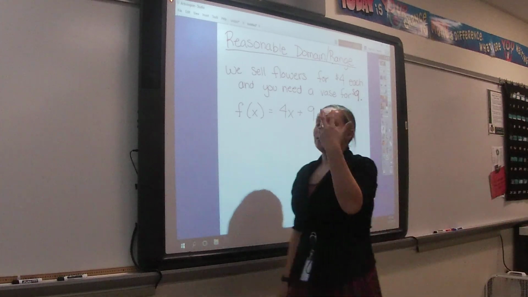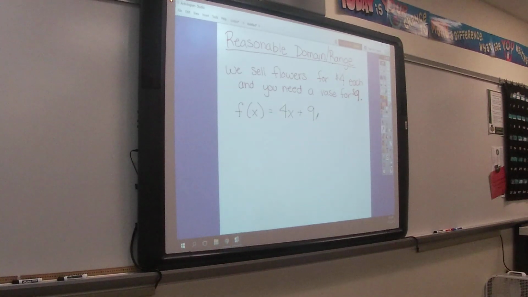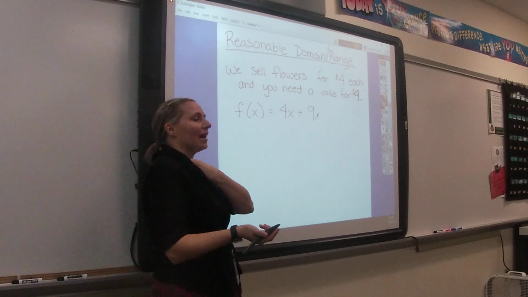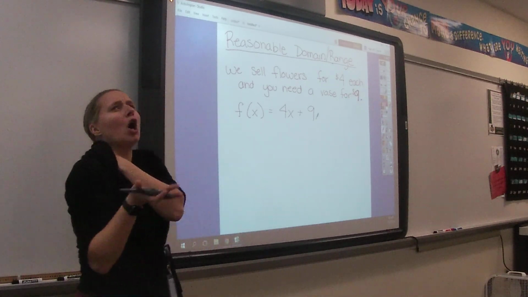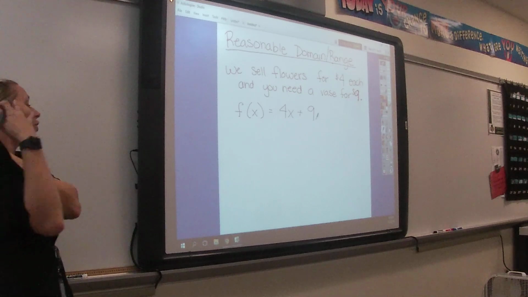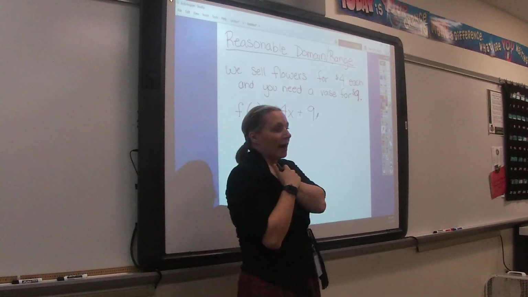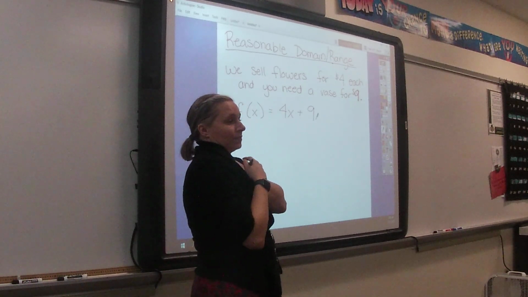Okay, so we can then make a table. We can plug in input values. We can talk about a domain and range. But there's going to be more input values that are reasonable, and some values that aren't reasonable. Okay, so for example, Vida, how many flowers do you want to buy? 2.